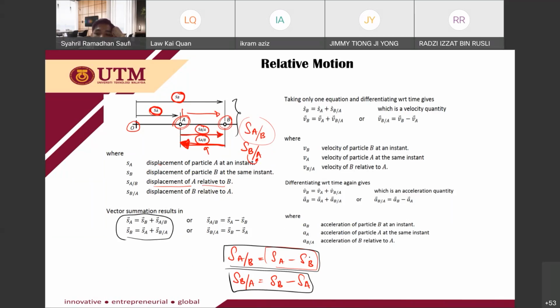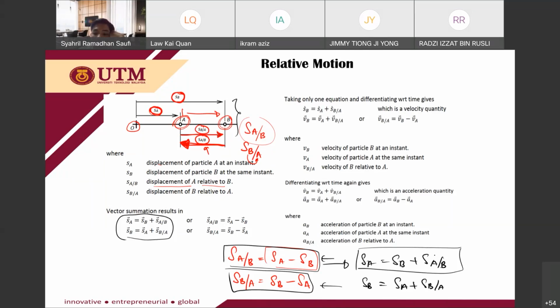To remember it, you just use this one and then rearrange, and you will get SA is equal to SB plus SA relative to B. And here you can rearrange: SB is equal to SA plus SB relative to A. It's easy to use all the vectors in this equation in positive form.